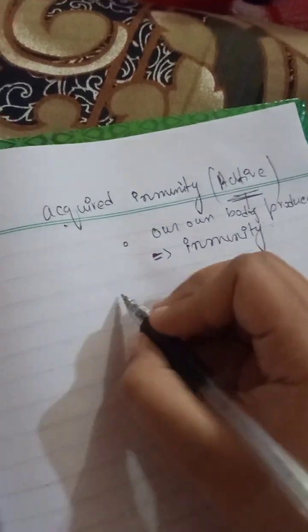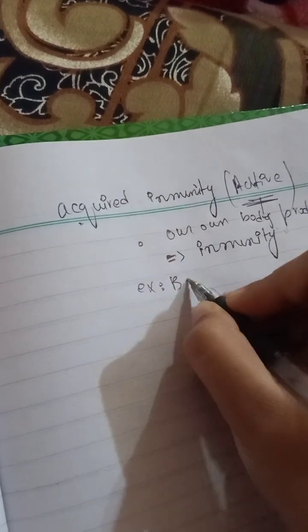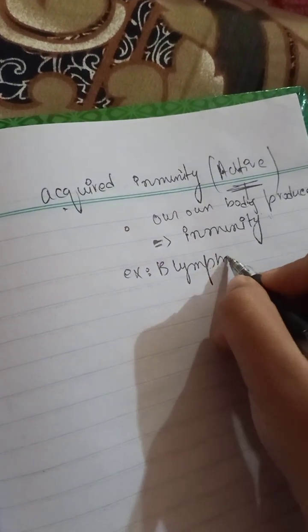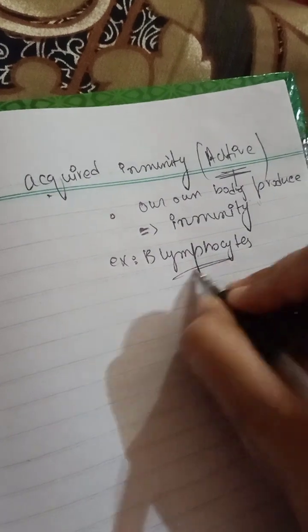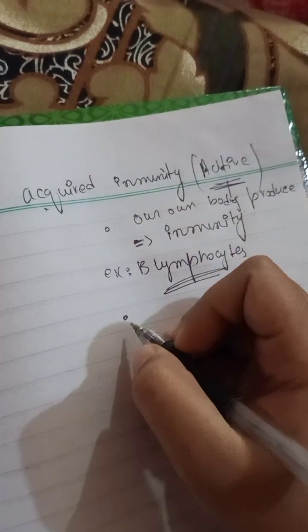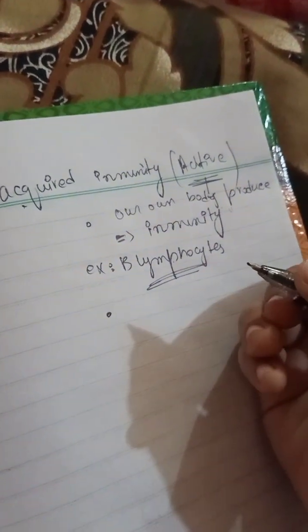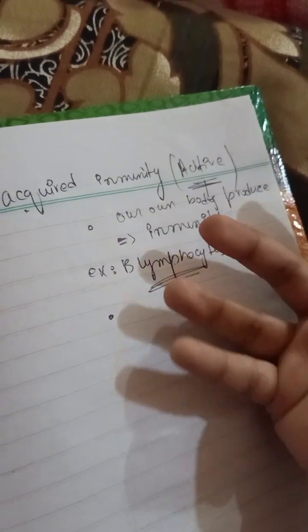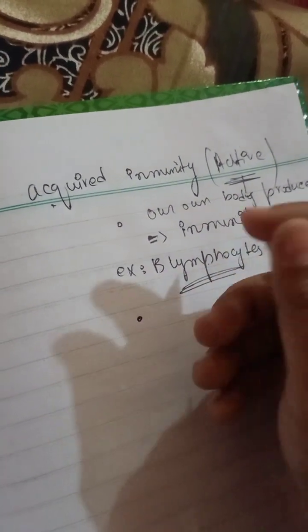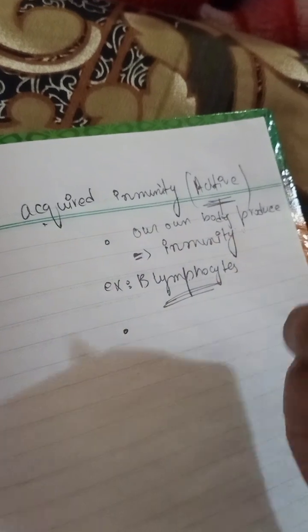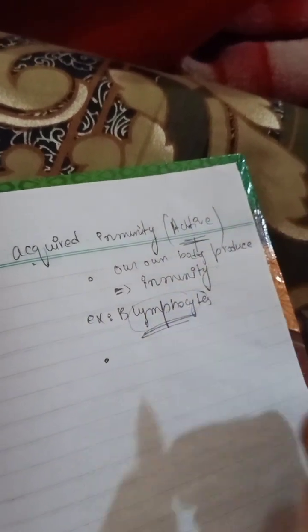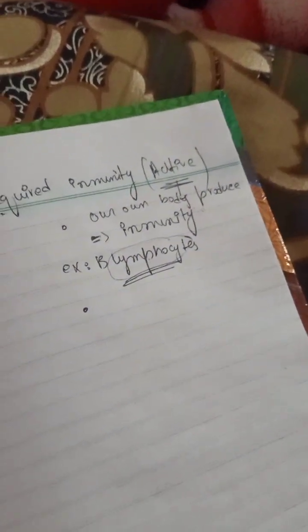For example, B lymphocytes, as you all know, work against the pathogen and kill it. These are things our body is producing. We are not giving them by injections. This is present naturally, and our body is producing it.